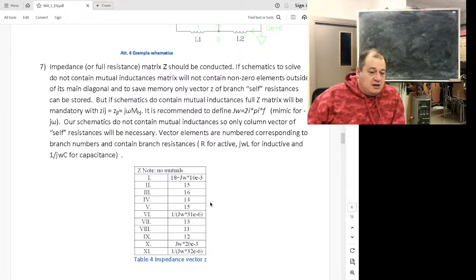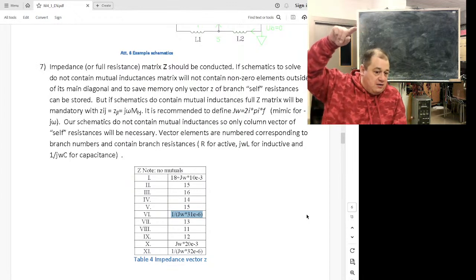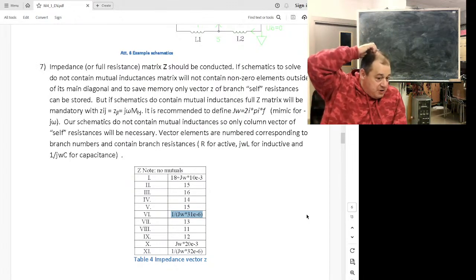If there is no mutual inductance, we fill only the main diagonal. So you can use a column vector where resistances are resistances, and for capacitors, here is a 31 microfarad capacitor, 1 divided by omega multiplied by capacitance.